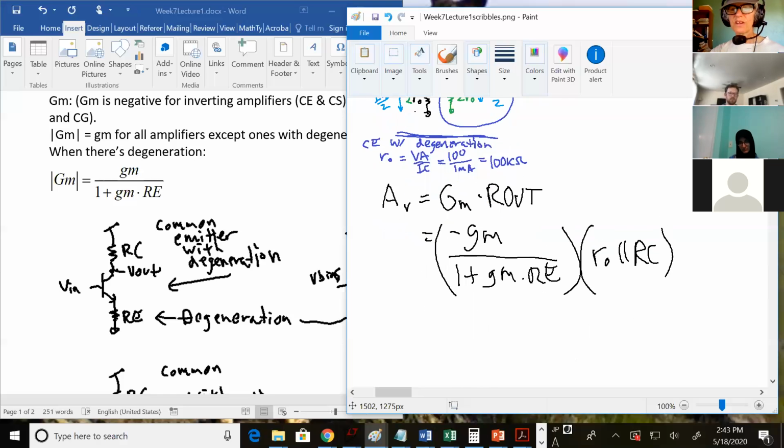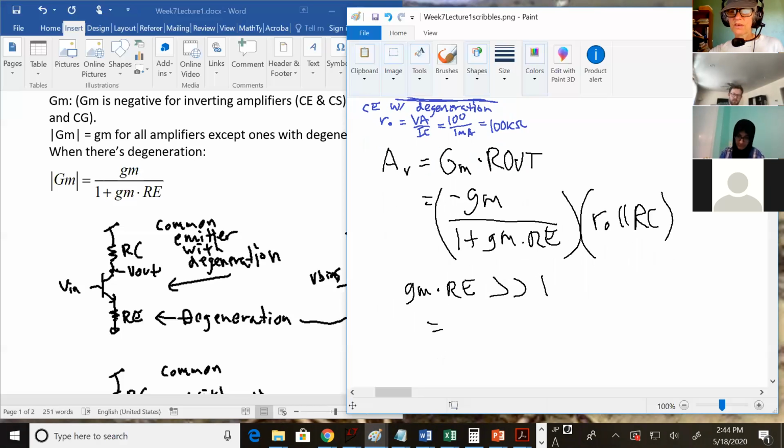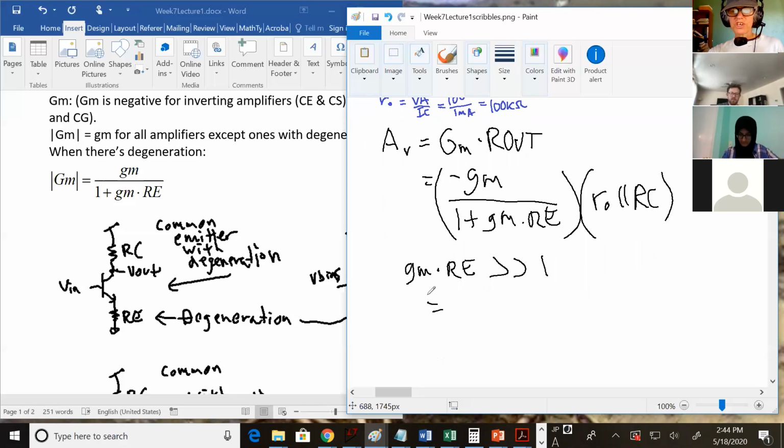If RE is thousands, then GMRE is going to be, and this is not the greatest approximation, much bigger than 1. So assuming that GMRE is much bigger than 1, you just get minus GM over 1 plus GMRE, which is actually minus 1 over RE.